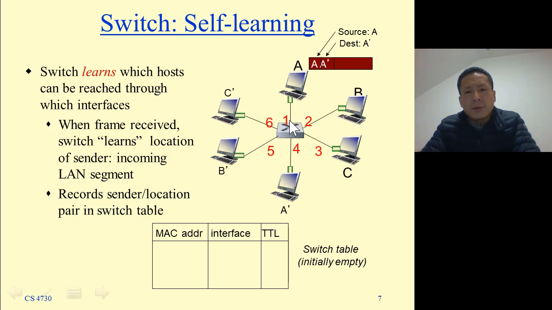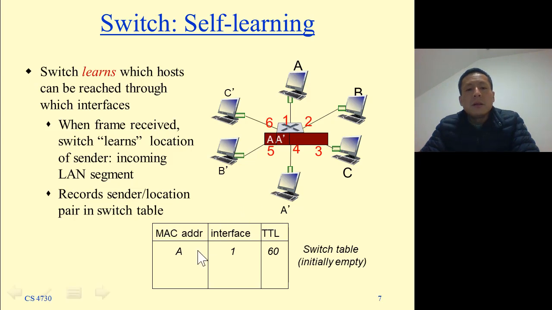It knows it comes from port 1. So an entry for the MAC address of host A is created and marked as interface 1, which means it comes from interface 1. TTL is 16, right?